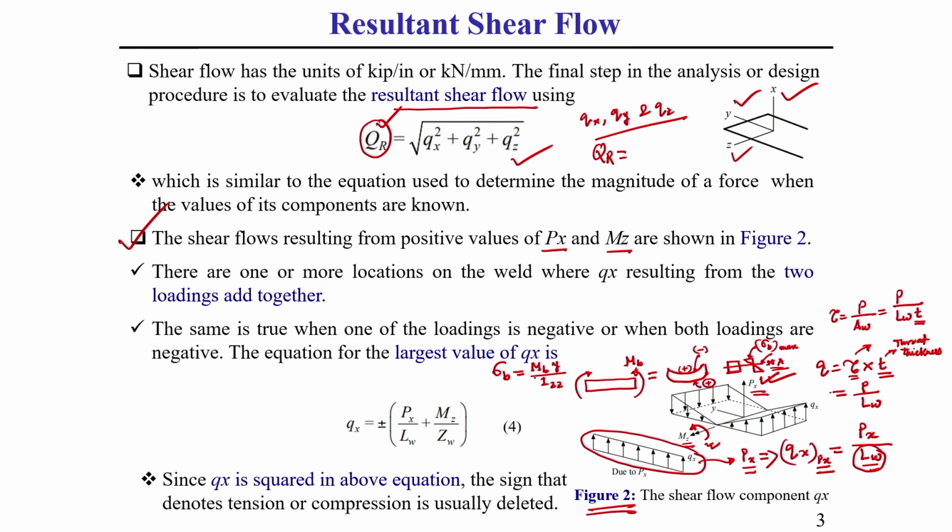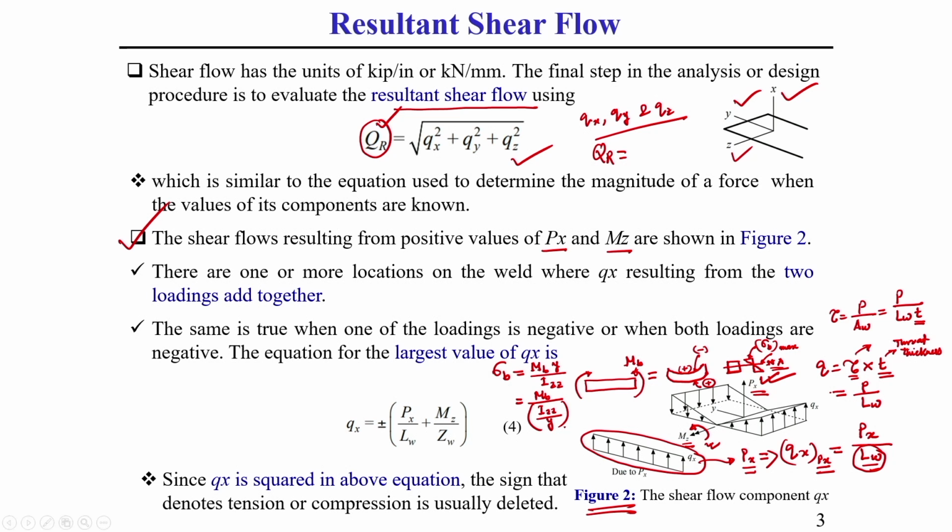You should keep this in mind. I am representing this as Izz divided by y, so sigma b is equal to Mb by Izz by y.